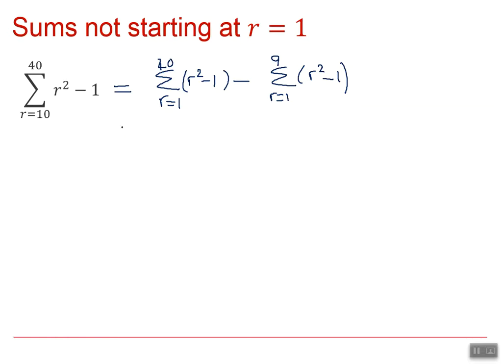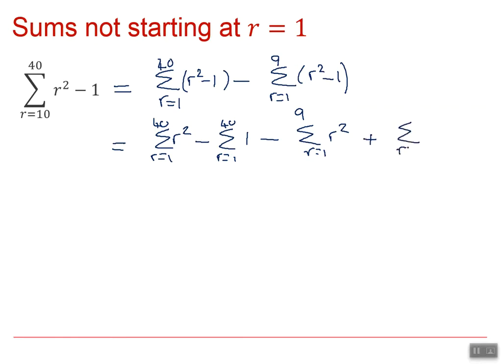So once we've done that, again, we can use the general formula. So we're going to have the sum from r equals 1 to 40 of r squared minus the sum from r equals 1 to 40 of 1, and then we're going to subtract the sum from r equals 1 to 9 of r squared, and then a minus and a minus, so we're going to add on the sum from r equals 1 to 9 of 1.